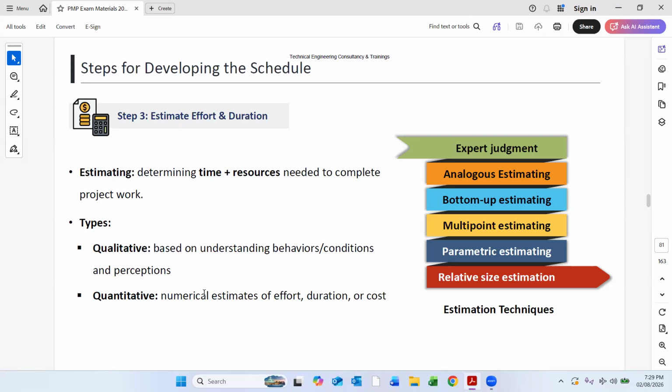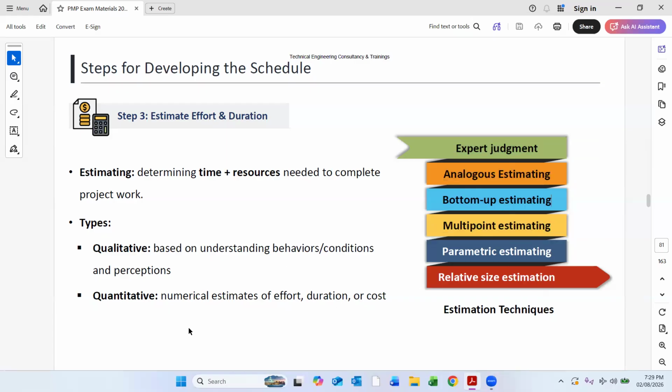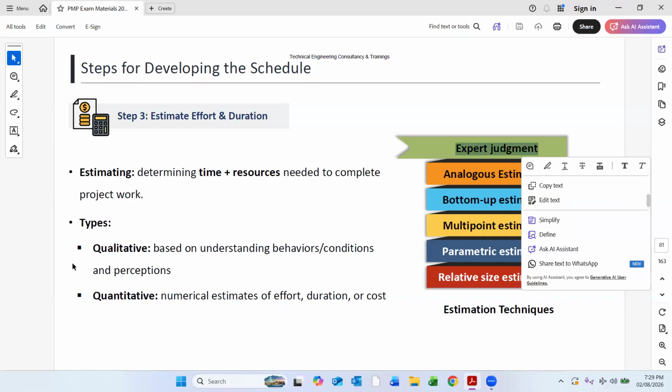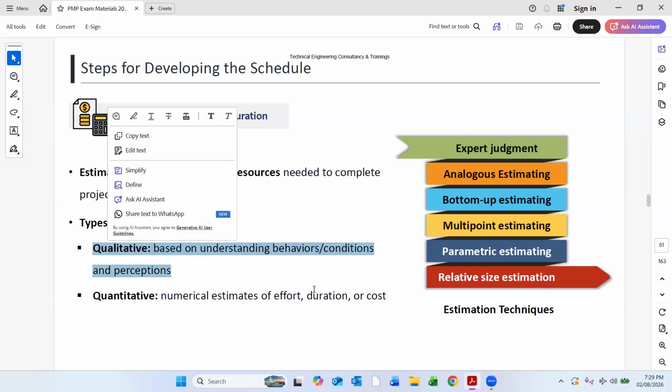So bottom up estimation, analogous estimation, multi-point estimation, and parametric estimation are part of quantitative analysis.